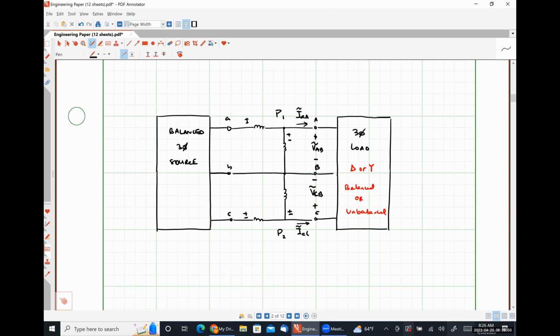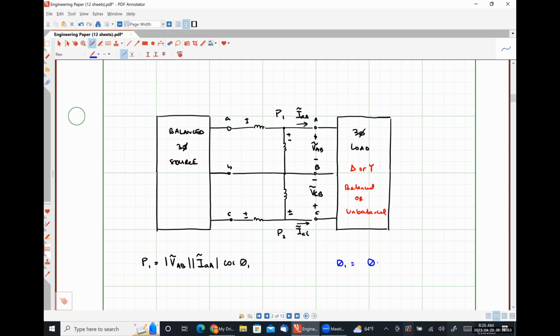So the power that is being measured by wattmeter 1 is the magnitude of the voltage VAB multiplied by the magnitude of that line current IAA times the cosine of some angle theta 1, where, we put it out here, this angle theta 1 is the difference in the angles between VAB.